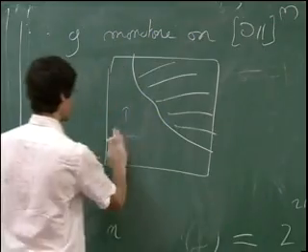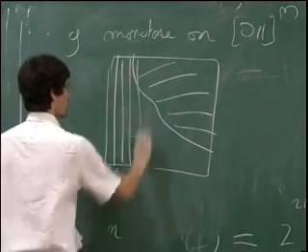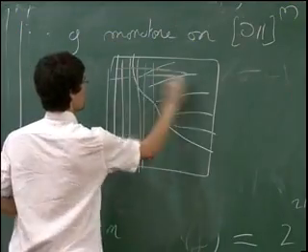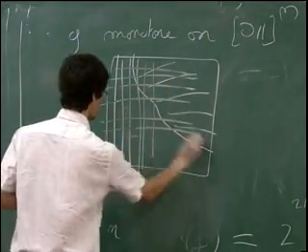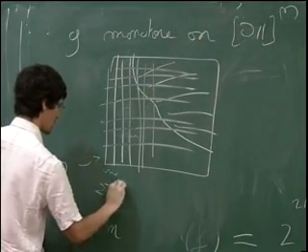So you want to approximate the uniform measure by the discrete measure here of mesh 2 to the minus m.